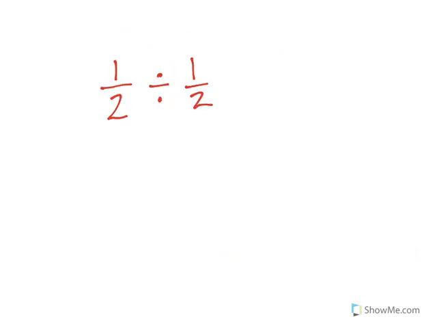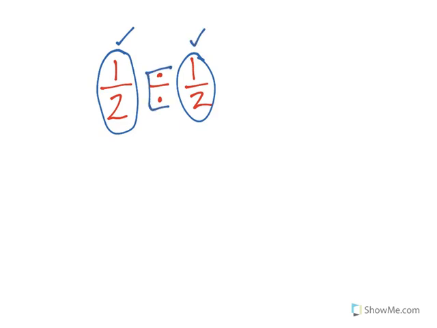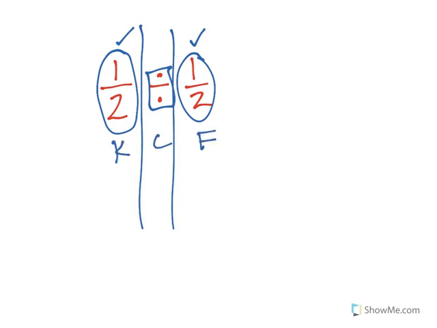All right, here is another example. Let's go ahead and try this. Let's check our numbers first. Fraction, check. Fraction, check. Because they're both fractions, we're ready to move on. But remember, look at this. We're dividing fractions. So what are we going to do? Anytime you divide fractions, you're going to keep it, change it, flip it.